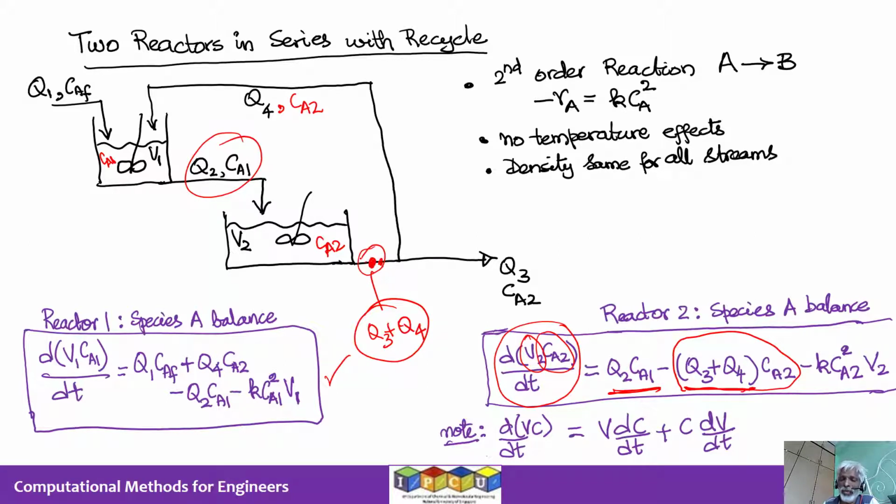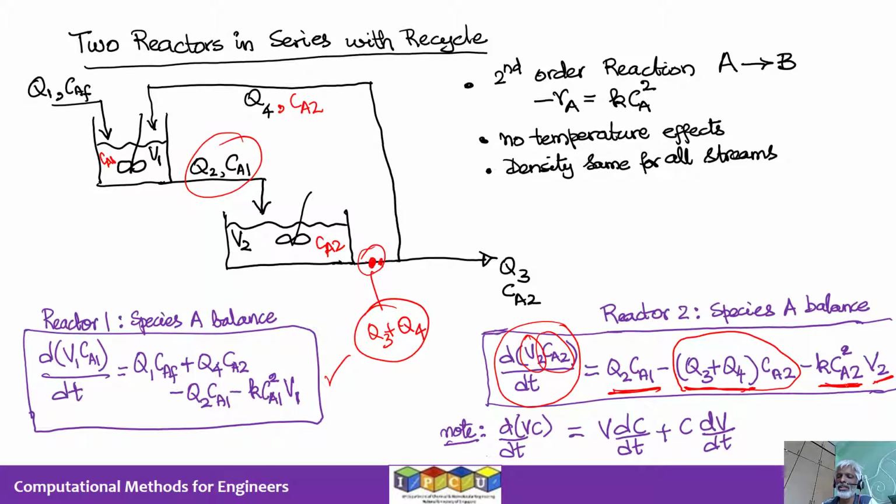And some amount of A has been lost due to the reaction that continues in reactor 2. A going to B still happens in the second reactor. So the volume is V2 in the second reactor, and the reaction rate is K CA squared. It's a second order reaction as stated earlier, but the concentration of A is CA2 in the second reactor.